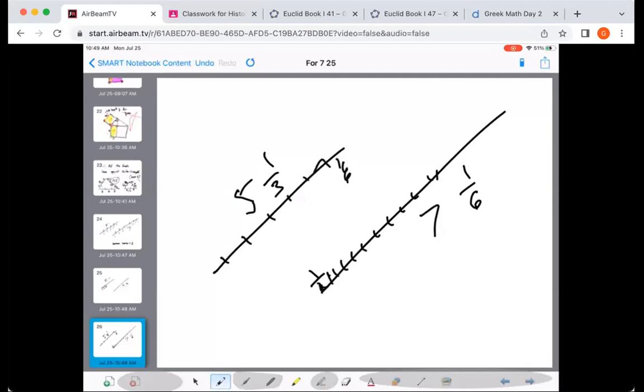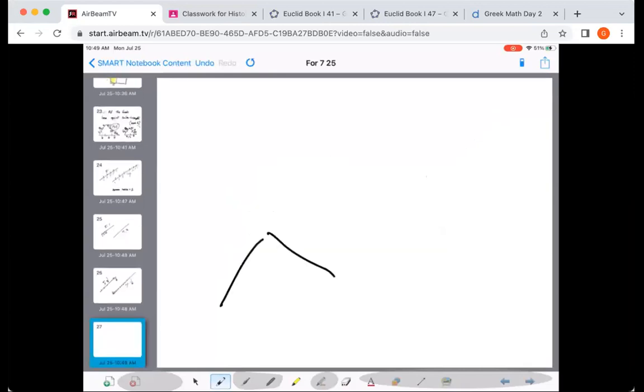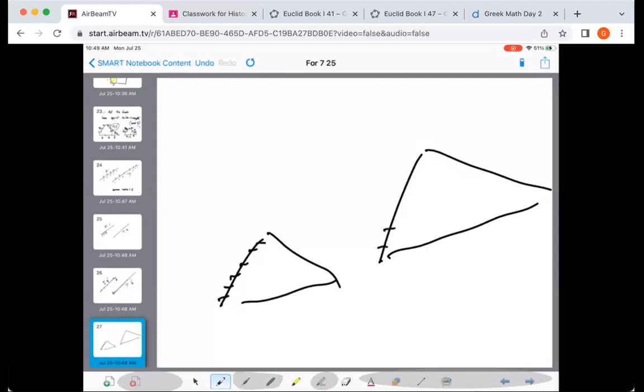So when the Greeks thought about similar triangles, in their minds, they said, okay, there's some sort of common measure of these line segments, and this bigger one's made up of more of them than the other one. And that'll be true for the other sides also. This is just the idea.